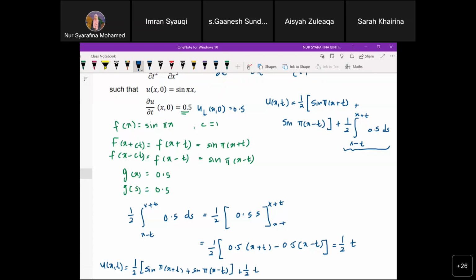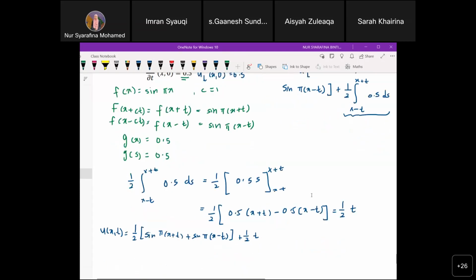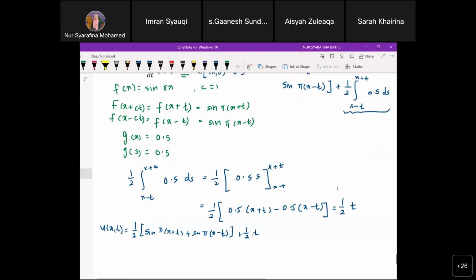All right. Okay, up to this point, are we clear? So this is your u(x,t). Okay, and then by identity, you know that sin x plus y plus sin x minus y equals to 2 sin x cos y.